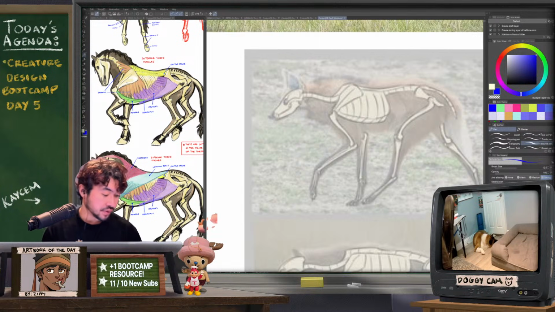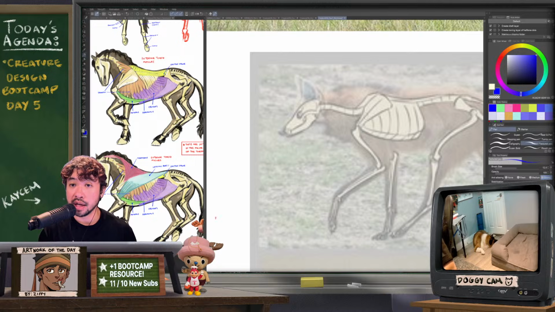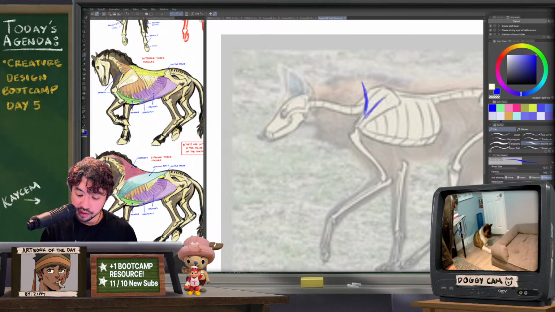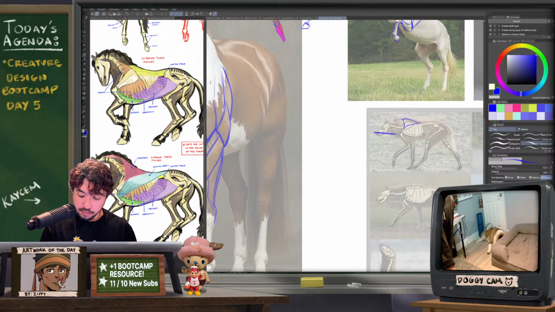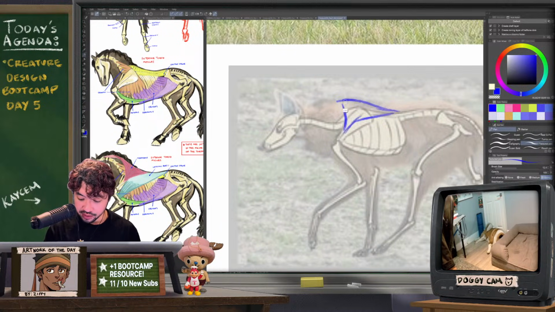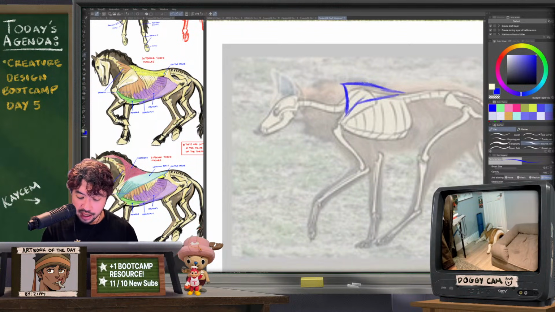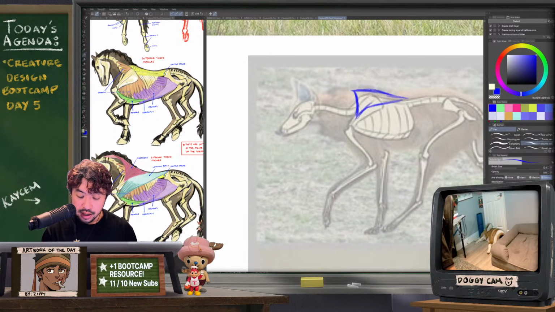So let's talk about some of the stuff now. Thankfully, animals are going to be a little bit easier. These animals are going to be easier because these are more your standard flavor of animal, right? So here we're going to have the trapezius muscle here, right? Of this animal. What is it, a fox or something?